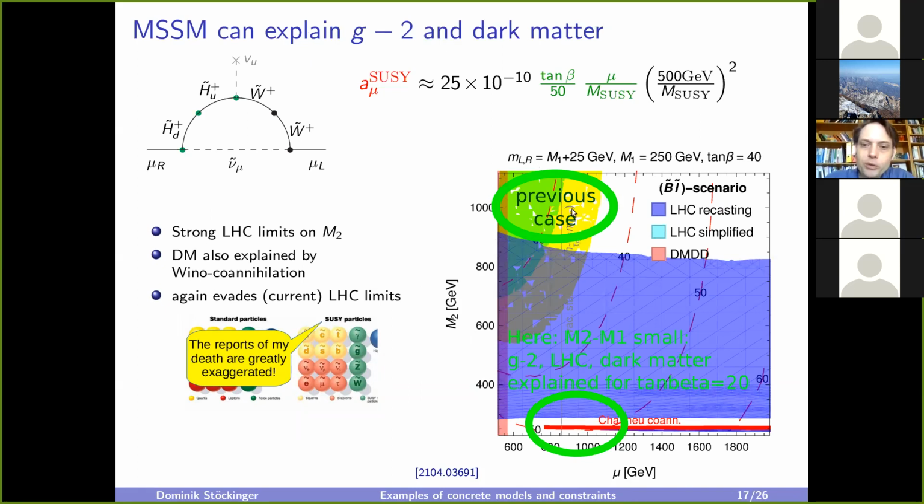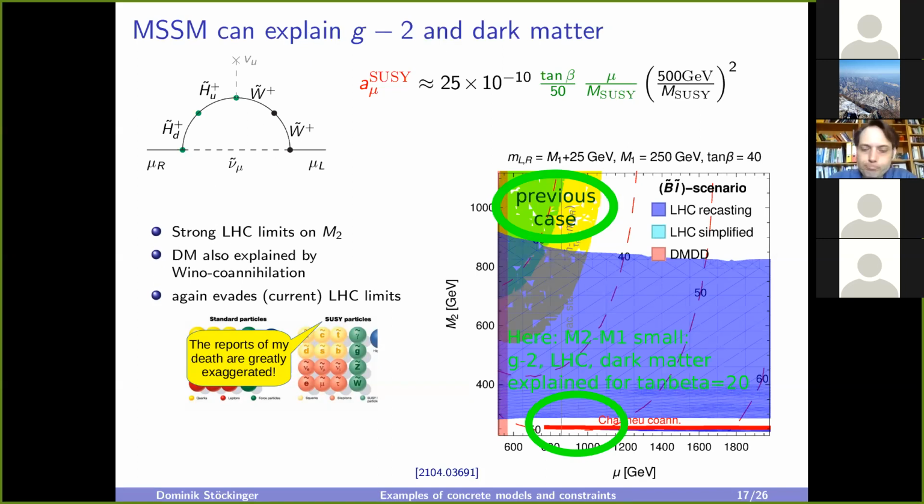And in the previous plot, we had fixed the mass M2 to a high value of around 1 TeV, or 1.2 TeV, which is above the LHC limits. The blue region is, of course, excluded by the LHC. That is why the entire plot was allowed.